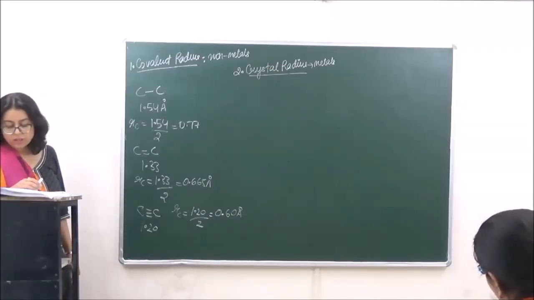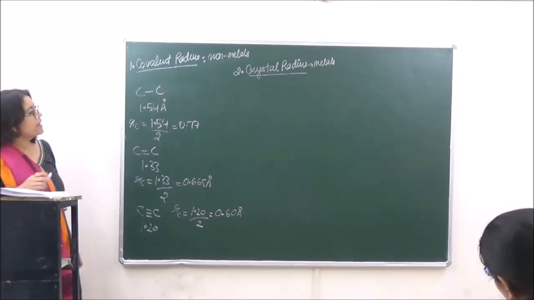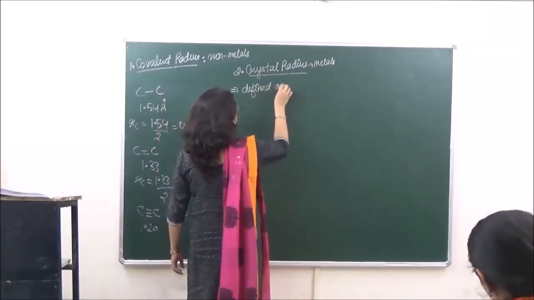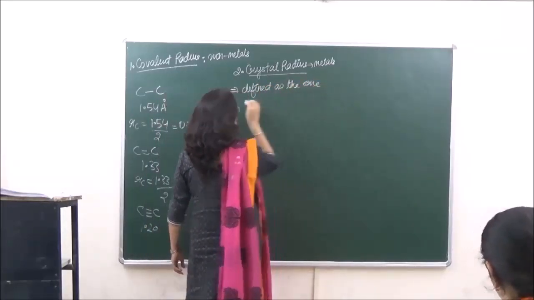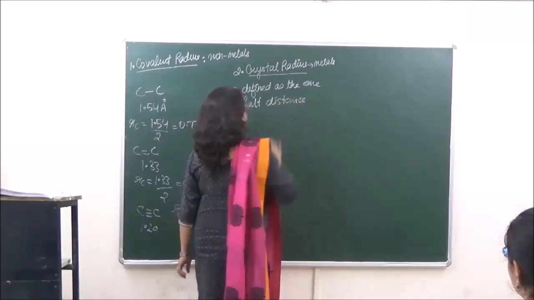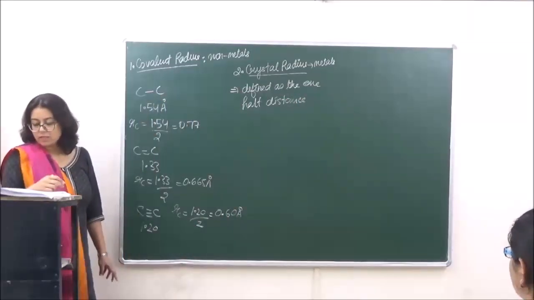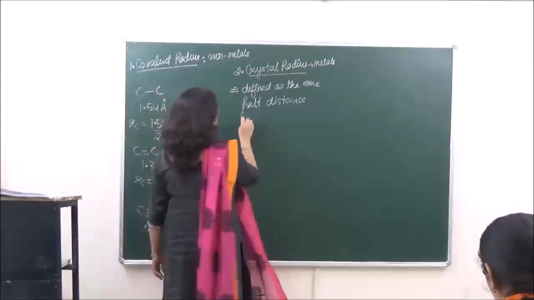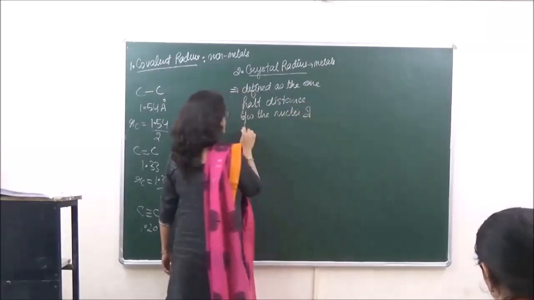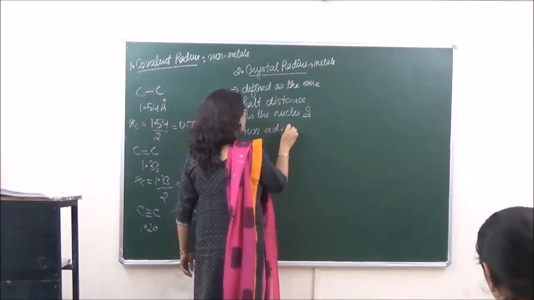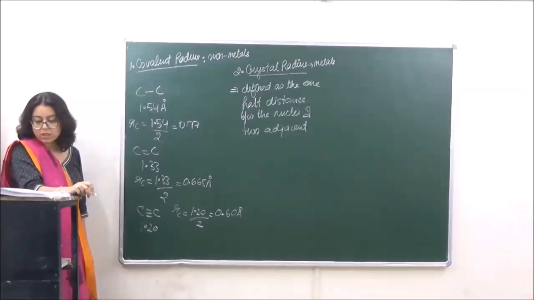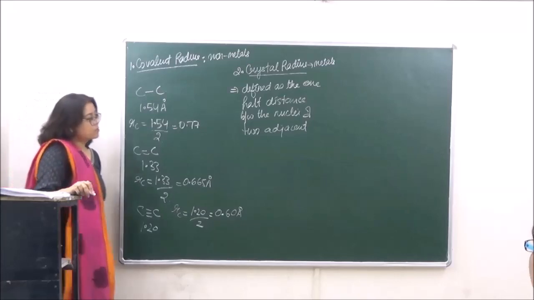Now when we are talking of crystal radius, you can write down, it is defined as the half distance between the nuclei of two adjacent metal atoms in a metallic crystal.